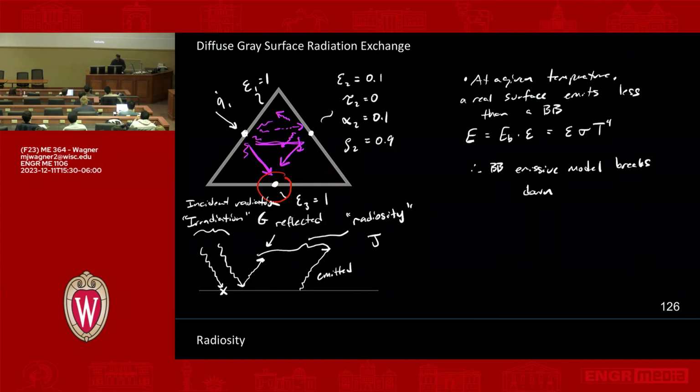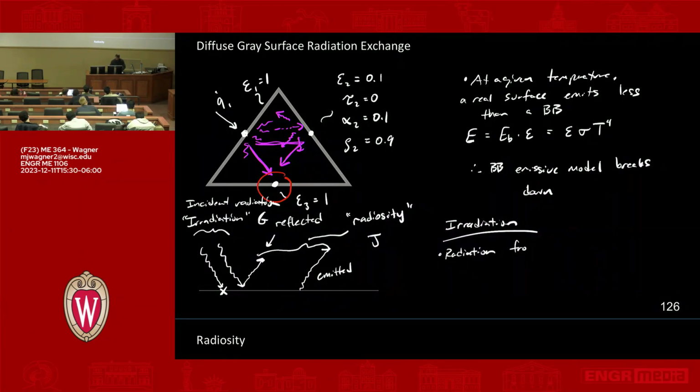Another note that I want to make here, there are some ideas around irradiation. Irradiation is basically radiation from all sources, let's say j, lowercase j, equals 1 to n, hitting surface i.